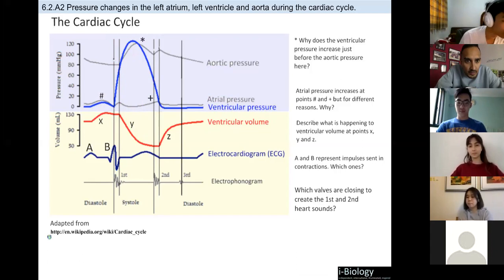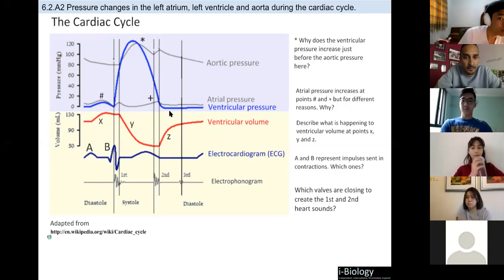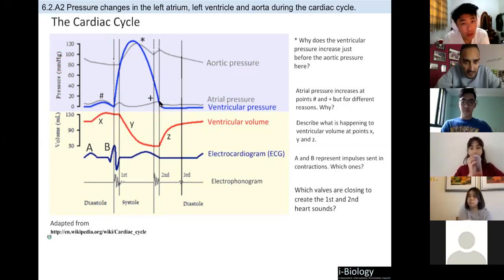When the ventricle is relaxing, yes, blood is starting to flow into the atria, correct. So that might be, oh no, that's because of the valve sound, this little bump here. I thought there was a hidden bump in the atrial pressure somewhere, but not sure where it is.